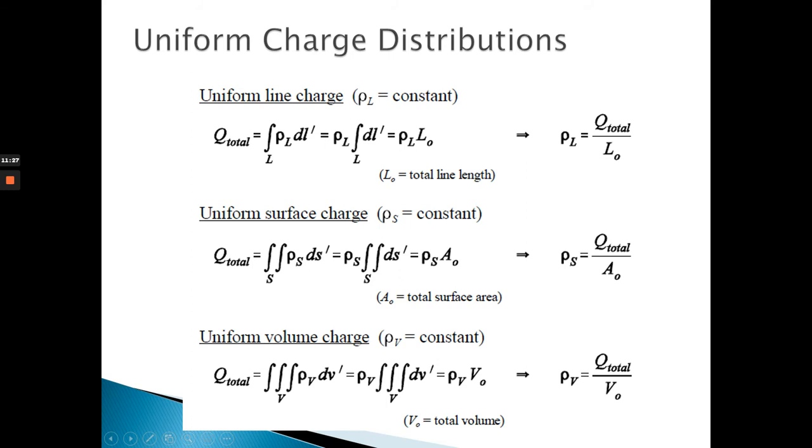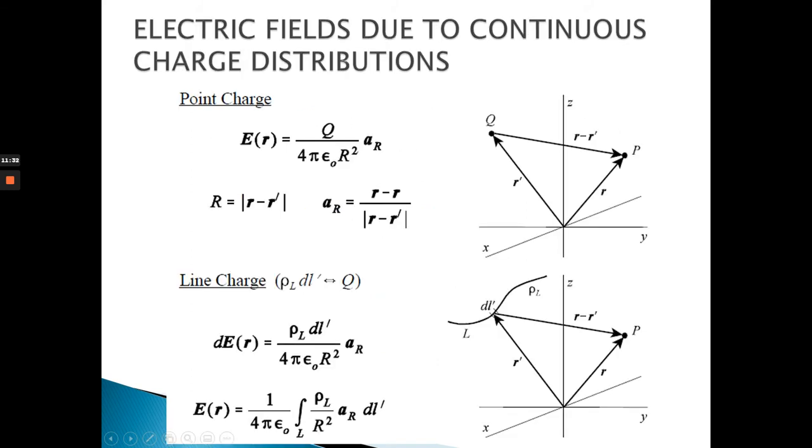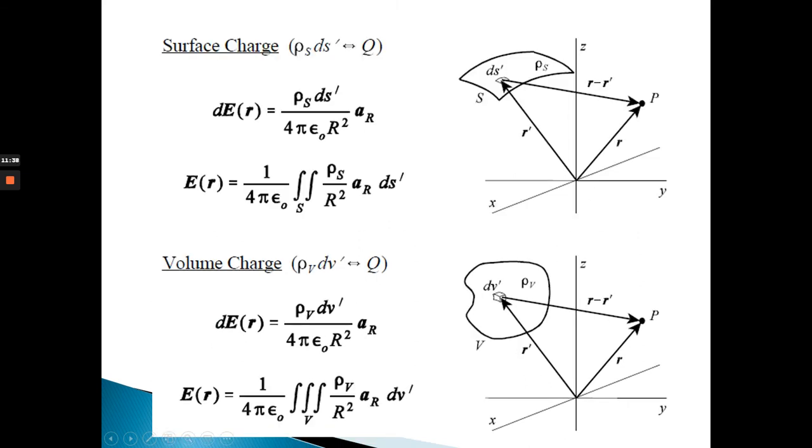Similarly, for surface charges, we replace this Q with rho S ds here, and this becomes a double integration. The R stays if there is anything, but if it's constant it goes out also. So due to this surface charge, what is the electric field at this point?